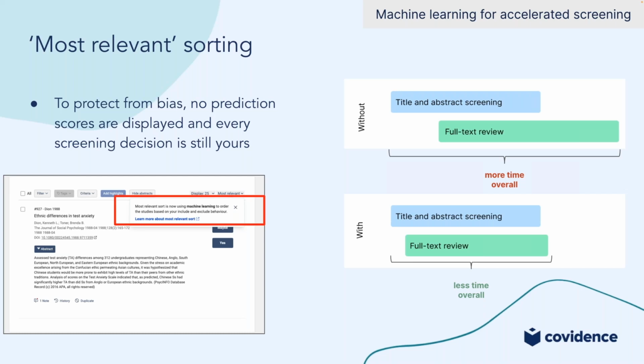You can move that straight through to the full text, and the people on your team can get straight on with assessing the full text and making the decision for inclusion there. So it's really a workflow time save that we propose with this feature.